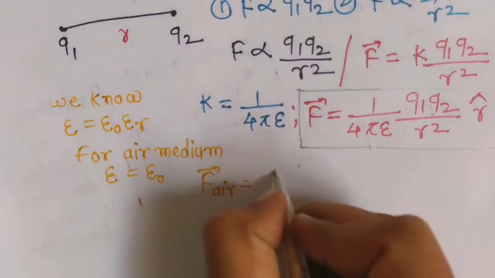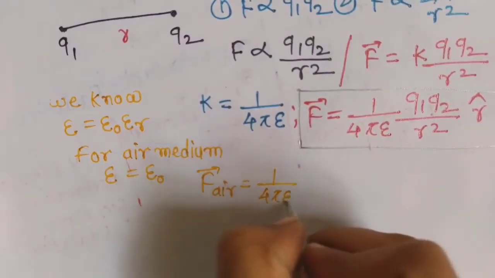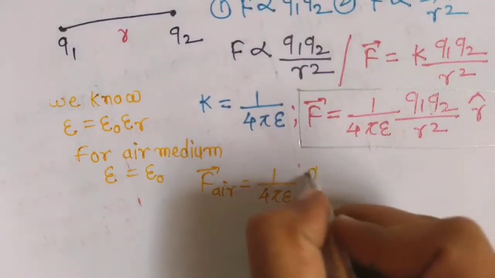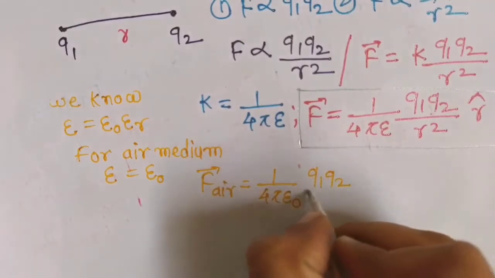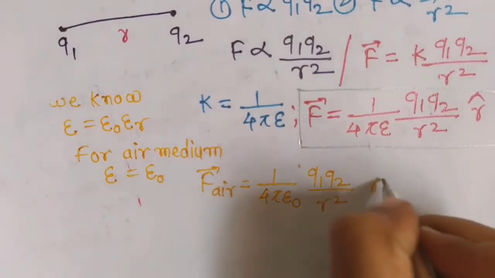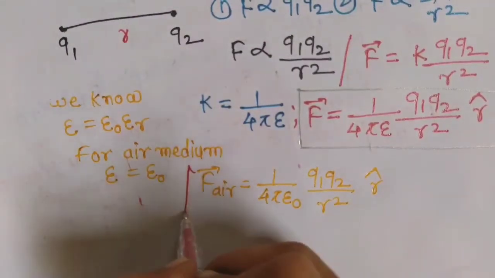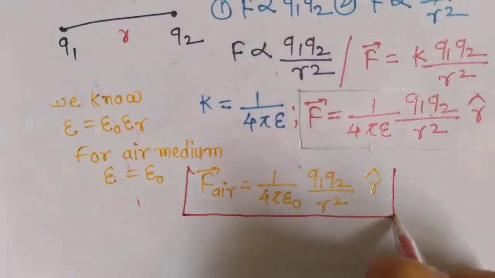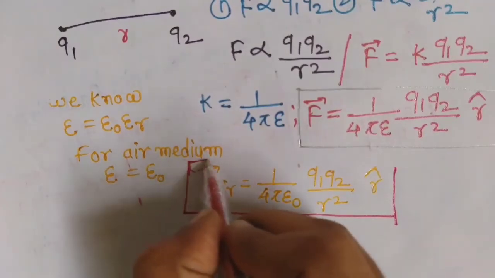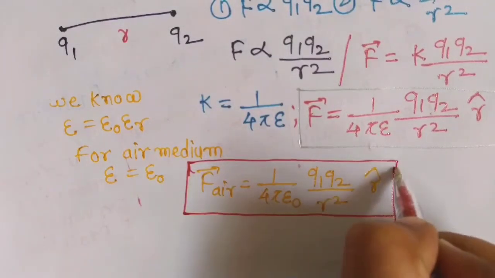F bar air is equal to 1 upon 4 pi epsilon naught Q1 Q2 upon r square r cap. This is Coulomb's law for air medium.